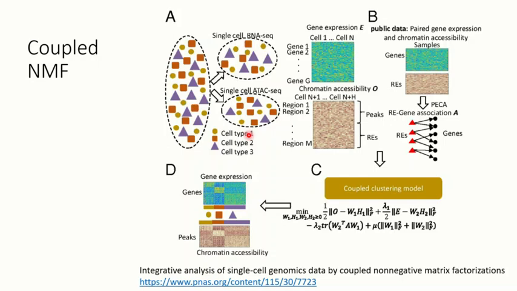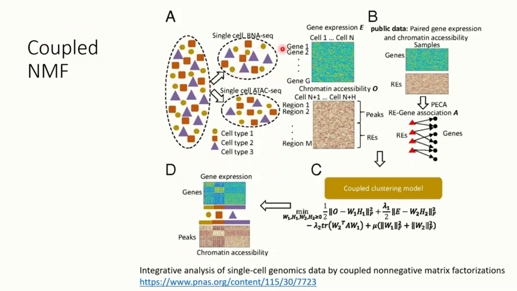Another approach they call coupled non-negative factorization. And this idea is to do non-negative matrix factorization. Factorization means you have a data matrix, but then you decompose it into two small matrices. The multiplication of these two will be the original one.